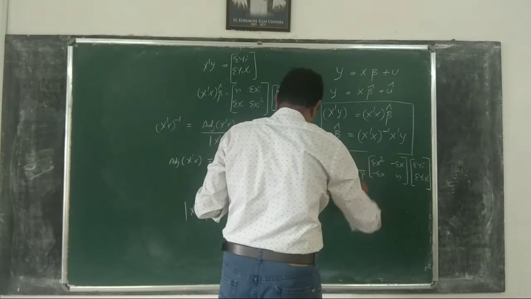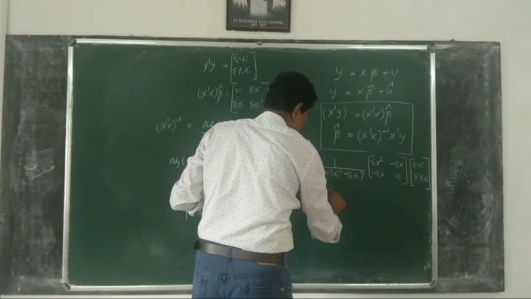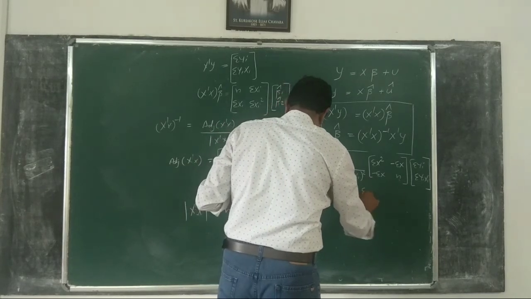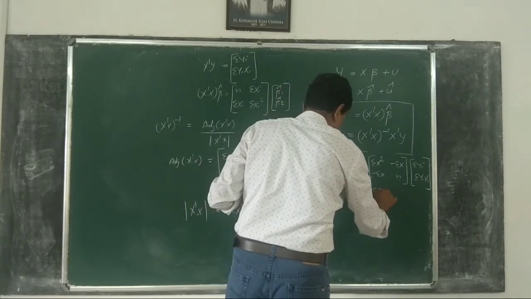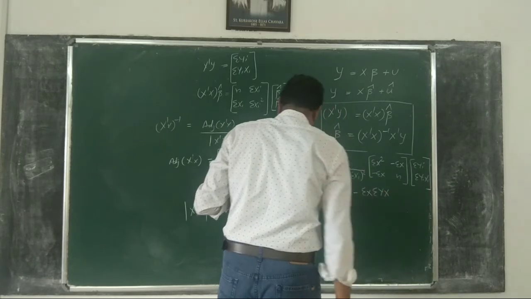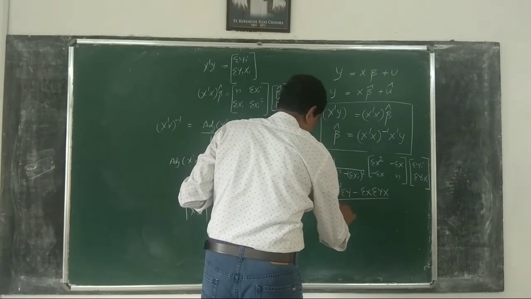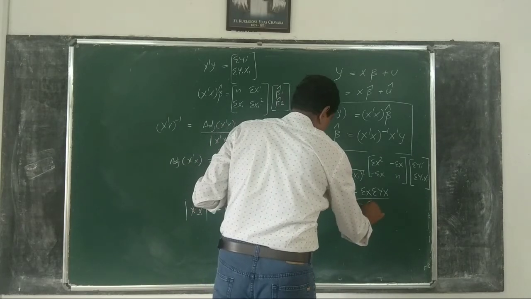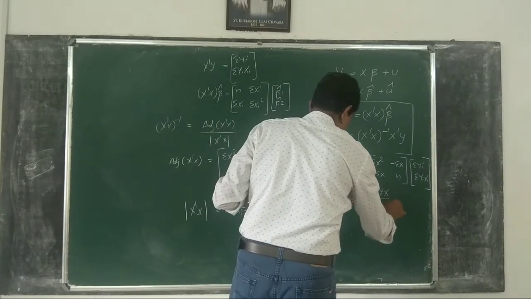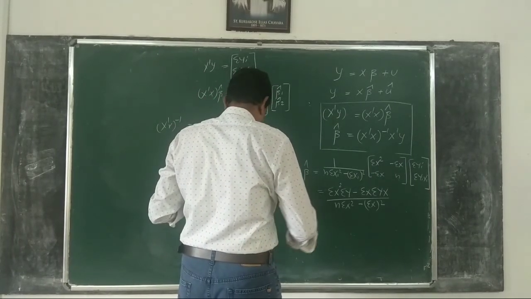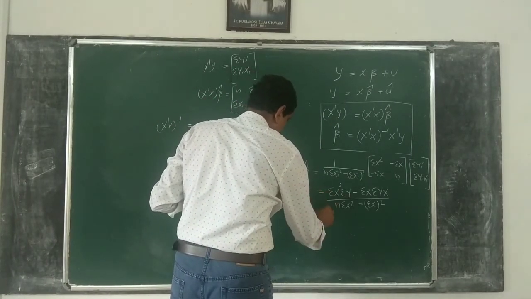So first, sigma x square into sigma y minus sigma x into sigma xy, divided by n into sigma x square minus sigma x the whole square.